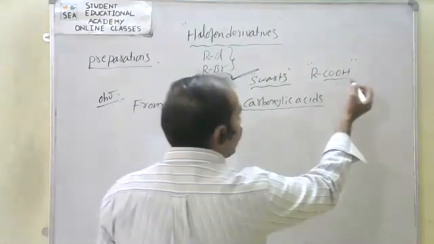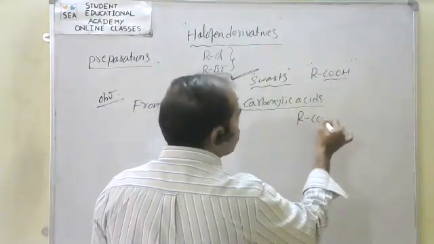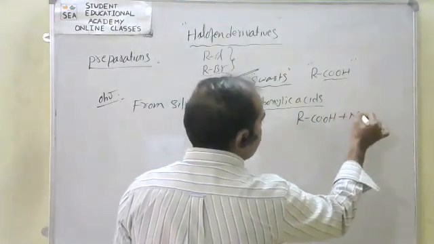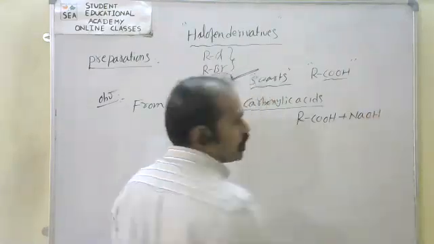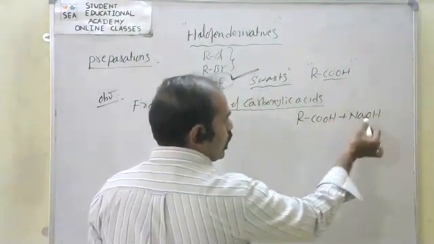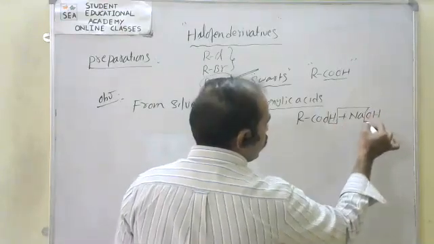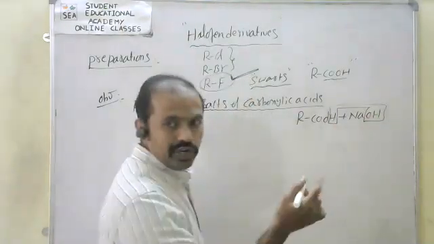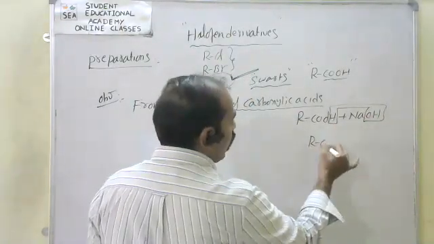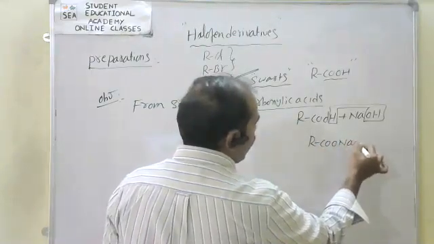Okay, if the acid reacts with bases like NaOH or KOH, here OH combines with hydrogen and is replaced as water. The remaining we get is RCOONa.